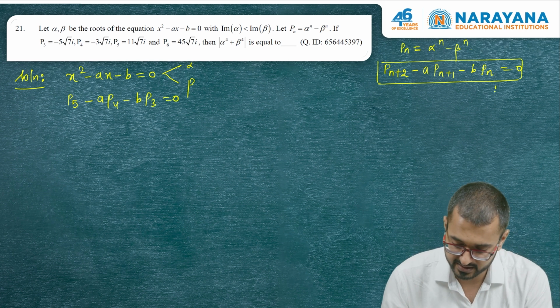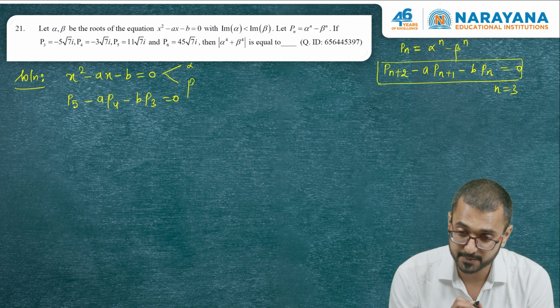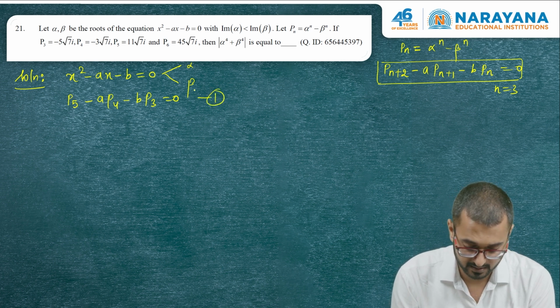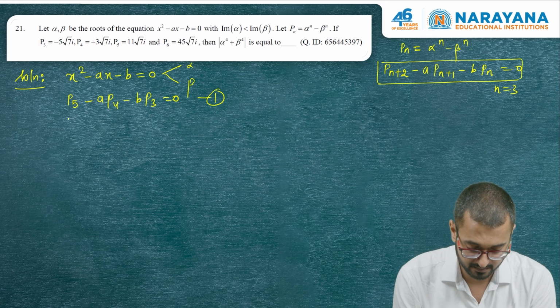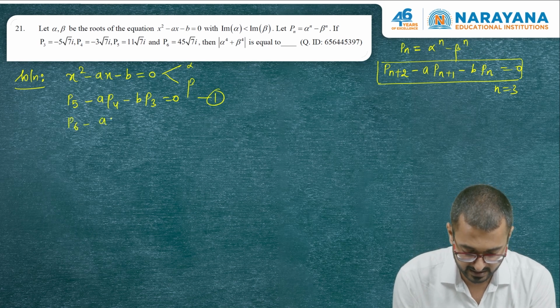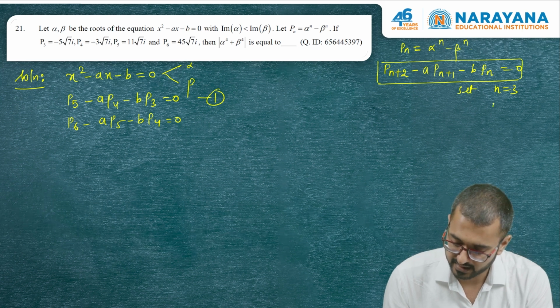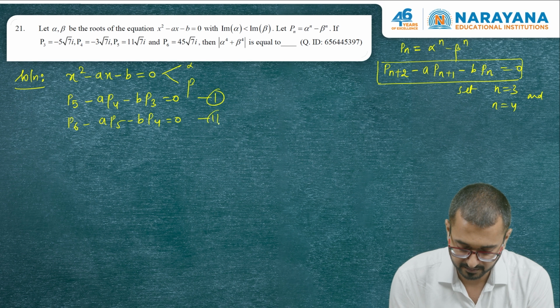So you can plug in here n is equal to 3, and we get this equation, call this equation 1. We can also plug in, since P6 is given, P6 minus a times P5 minus b times P4 is equal to 0. So you can set n is equal to 3 and n is equal to 4 to get two equations.